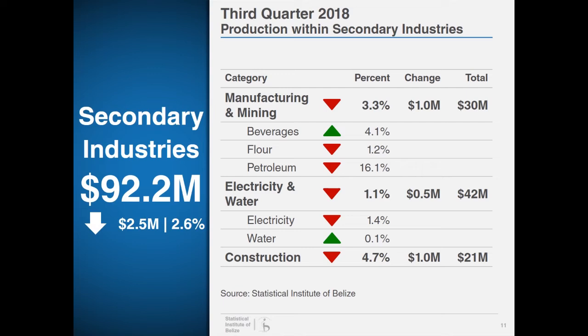Beverages, on the other hand, went up by 4.1%. Electricity and water industry declined by 1.1% or $500,000, totaling $42 million. This was mainly due to a 1.4% decline in electricity production. Construction activities also declined by $1 million or 4.7%, totaling $21 million for the period, as some municipal projects slowed down.